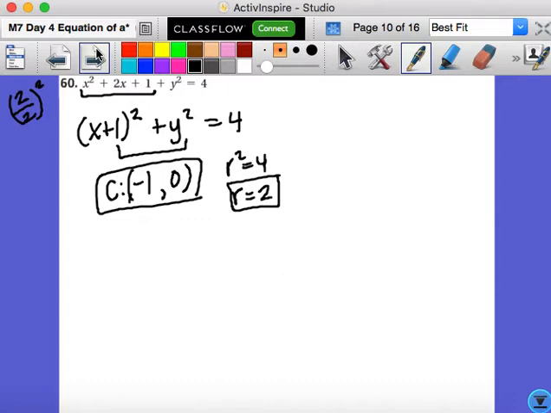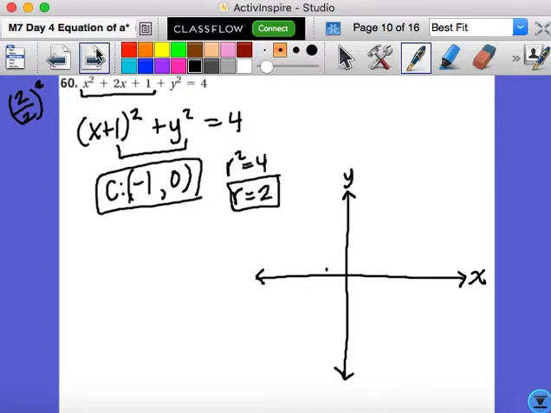So let's talk for just a moment about what this would look like. So if we've got an x and a y coordinate plane, and we wanted to graph this particular circle, what this says is go to -1, 0, and that is your center of the circle. Come out with a radius of 2.